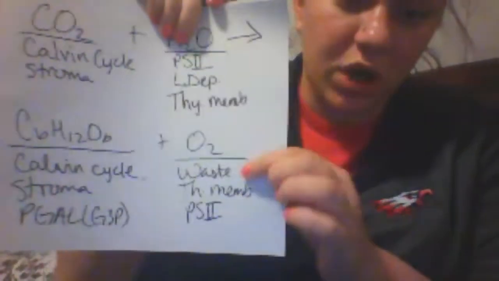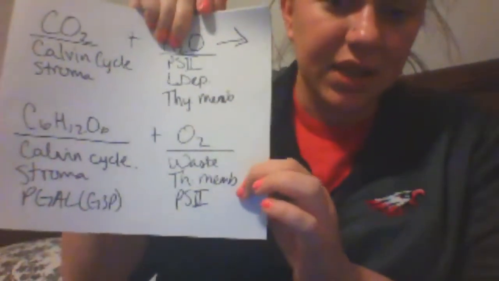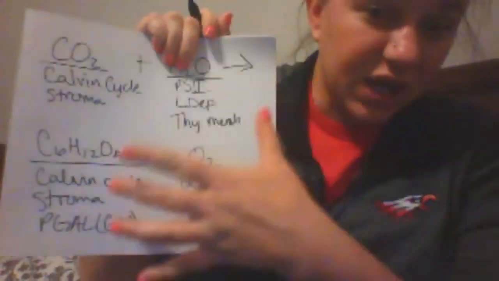And then oxygen getting released, it becomes a waste. It's getting released in the thylakoid membrane as a waste during the light-dependent reaction in PS2. Oxygen's a waste to a plant. They don't get to hang on to it. Thylakoid membrane in PS2. If you can kind of do this, this is definitely the first step of being able to organize that entire chart.